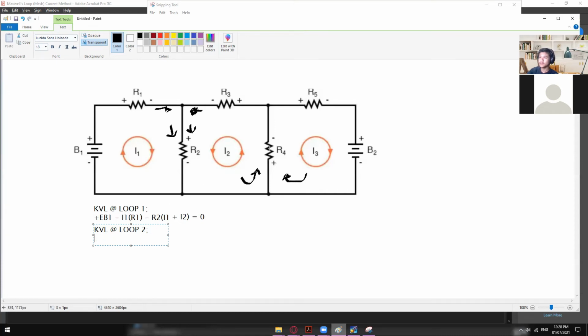So let's start with the right side na lang, since kapag dito medyo nakakalito. Let's start with this one first, on the R4. So we have negative I2. We are still dealing with the outer sign. So negative I2 times, my bad, negative R4 times I sub 2.